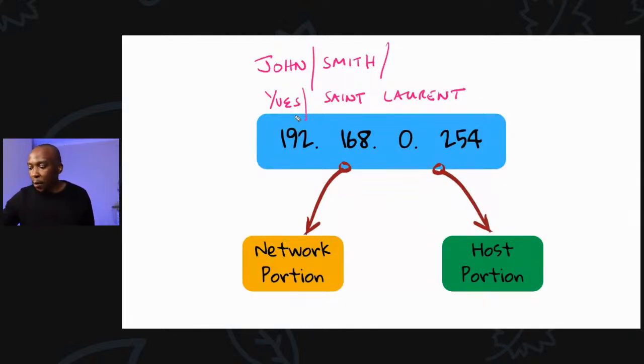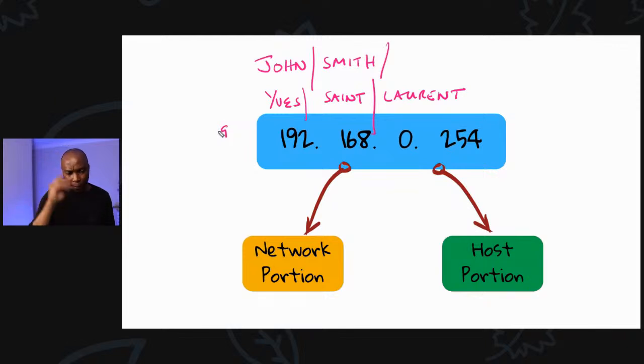So if we count the first 9 characters, we get to this point. So it means Yves sent becomes the first name, and then Laurent becomes the last name. I have to tell you that the first 9 characters define the first name, and the last 9 characters define the last name.